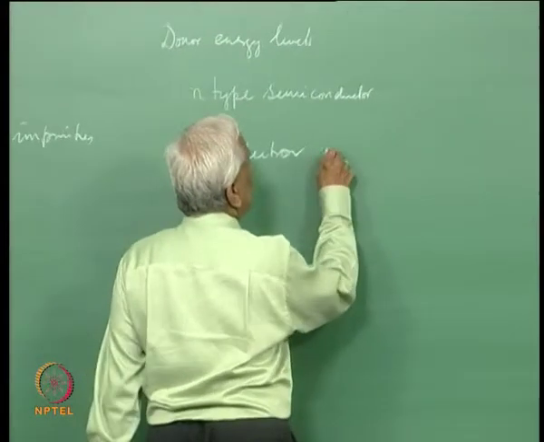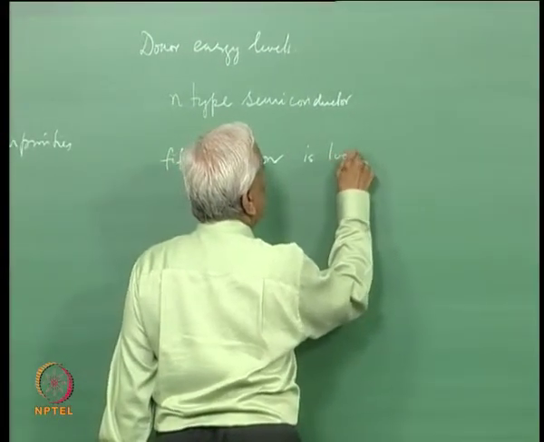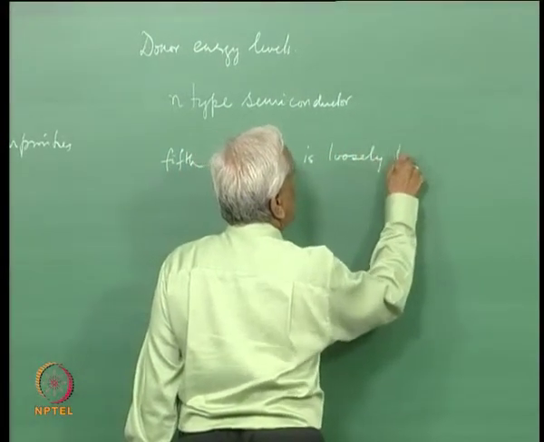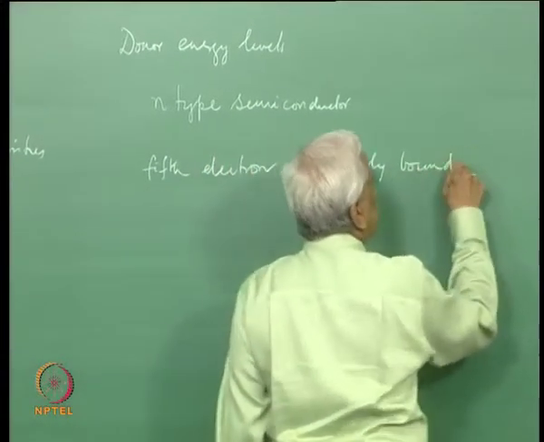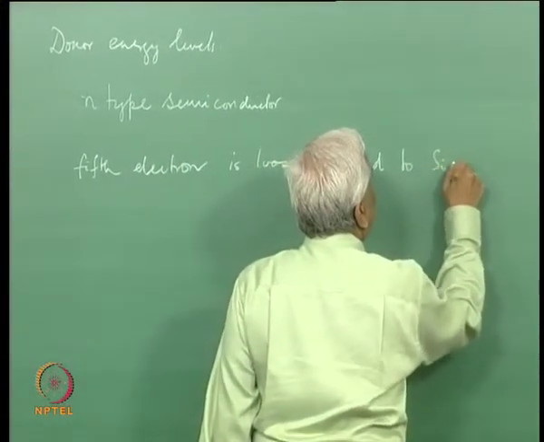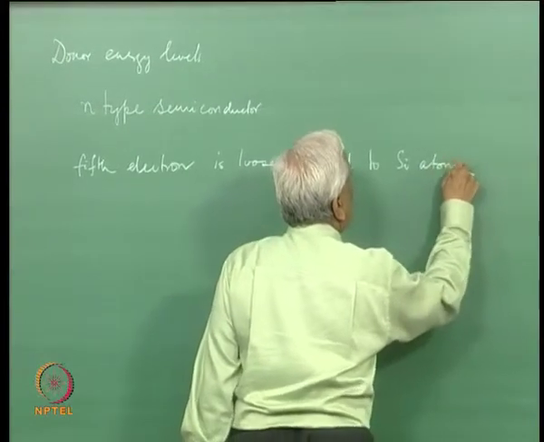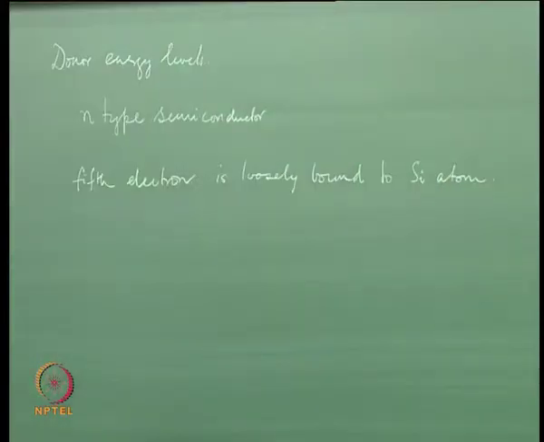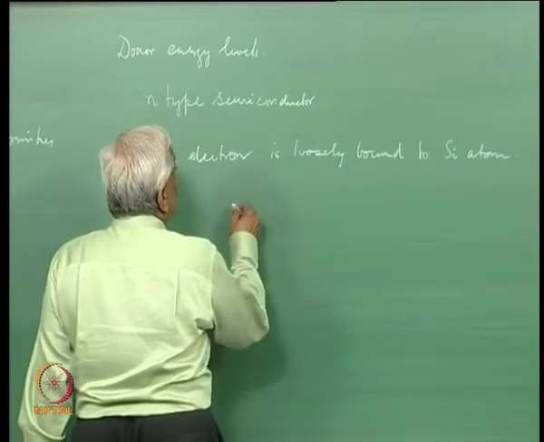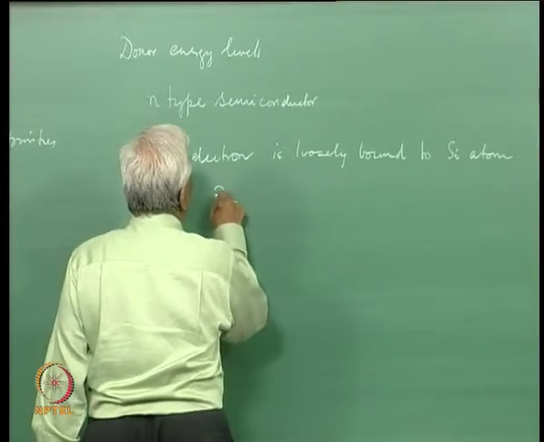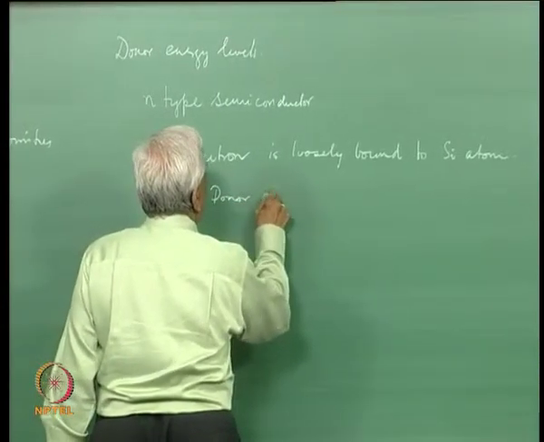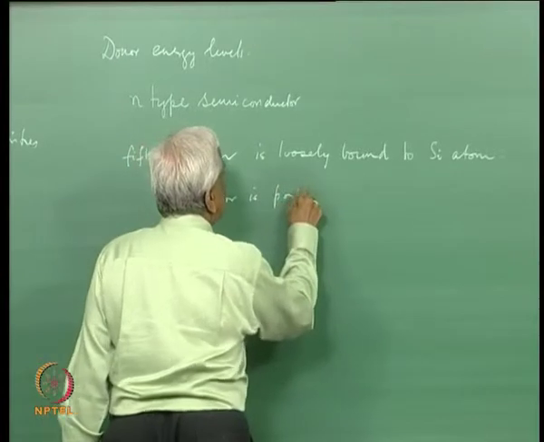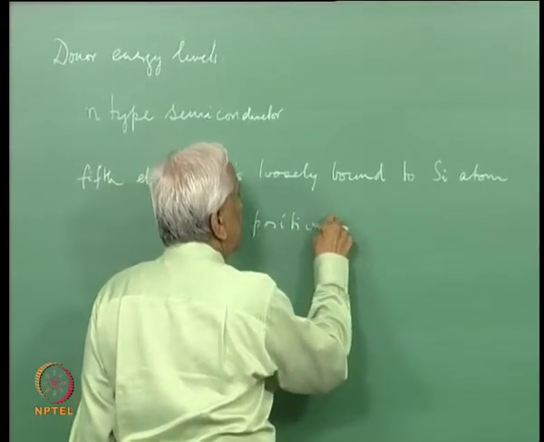So, the fifth electron is loosely bound to the silicon atom. The donor, such as phosphorus or arsenic, is now positively charged because it has donated one electron.